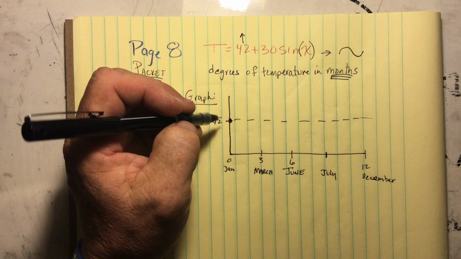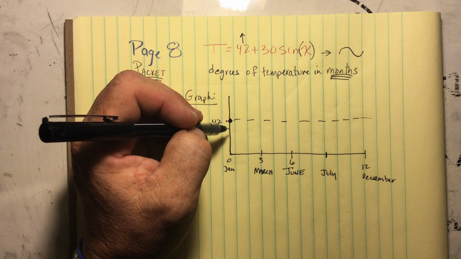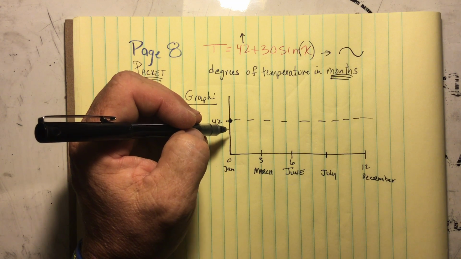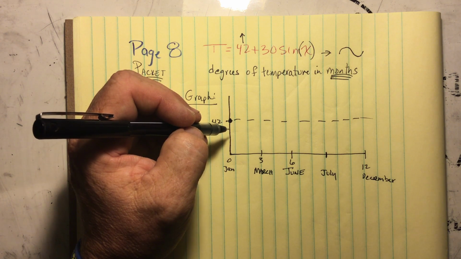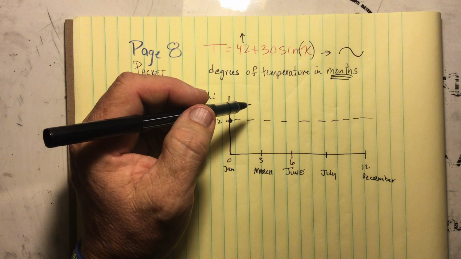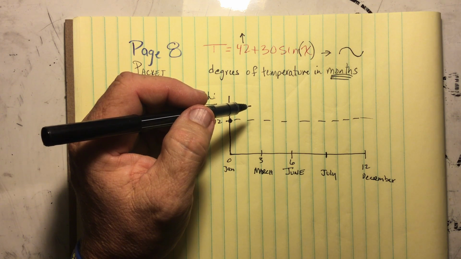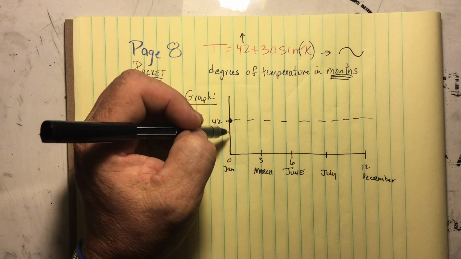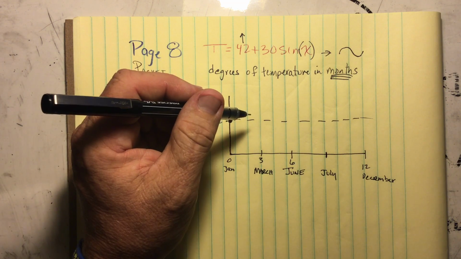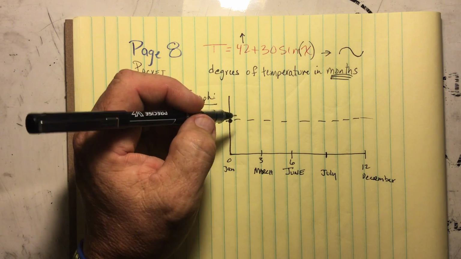Now, as I go, there's no shift. There's no shift, and this graph doesn't make any sense whatsoever, but we'll go ahead and use it anyways. There's no shift. Maybe it's in the southern hemisphere.